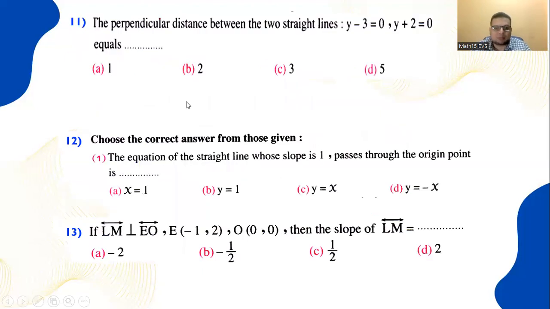Question number 11: the perpendicular distance between the two straight lines y minus 3 equals 0 and y plus 2 equals 0. I need the perpendicular distance between them.